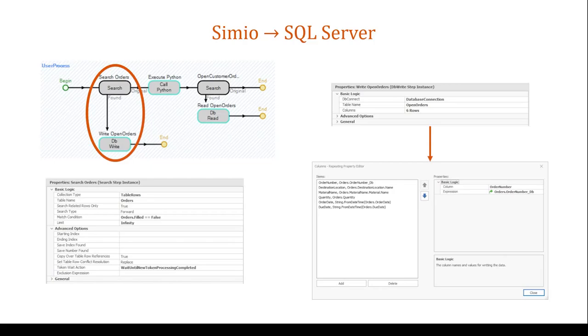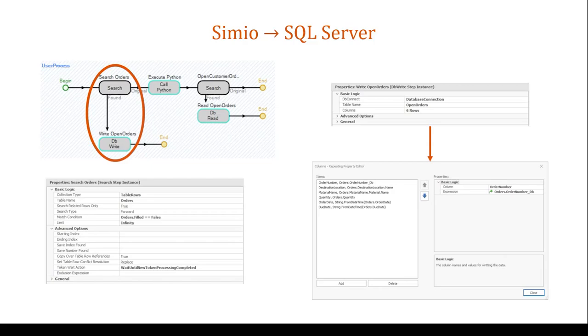The columns repeat group of the DB write step creates a mapping of the data in the Simio data table and the data in the SQL Server database table.